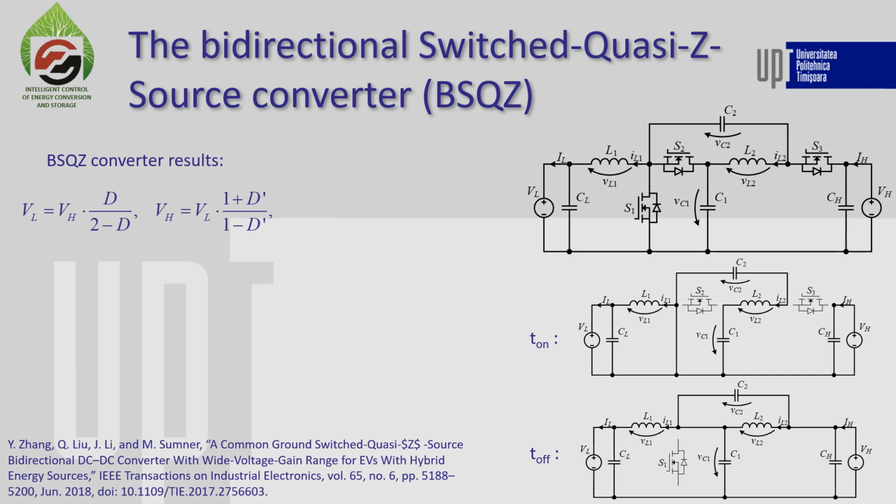With this being said, we calculate the voltage conversion ratio, and we see here that it has a much lower value than the conventional buck-boost converter for the buck operation mode, and a larger conversion ratio for the boost operation mode. And this is actually a desirable feature in many applications.